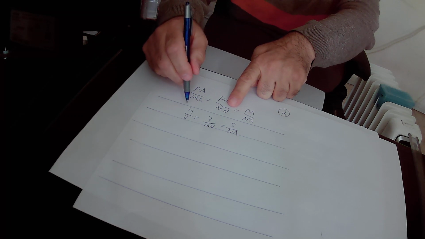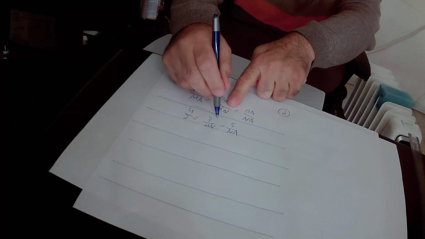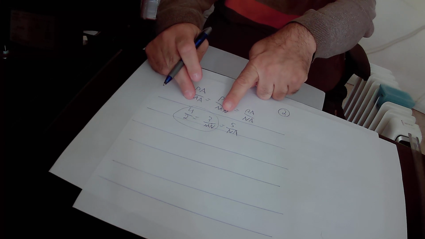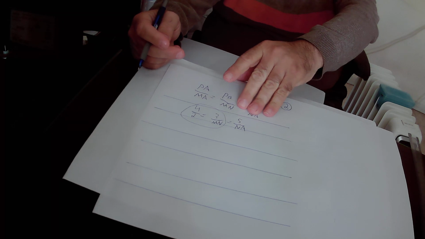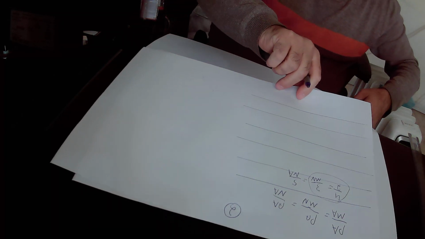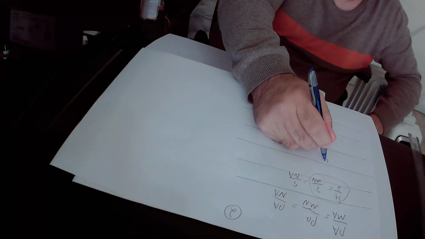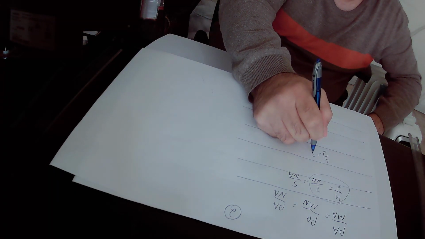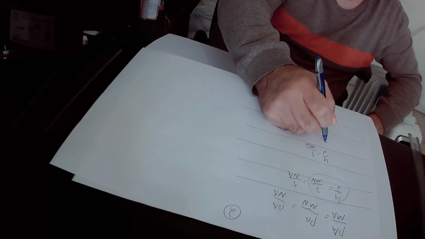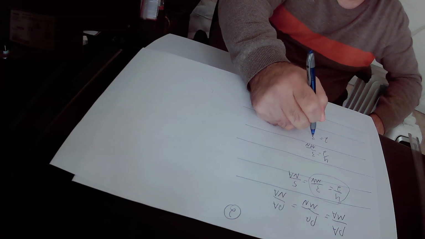That is to say, 4 over 2 equals 3 over MN. I write it down. 4 over 2 equals 3 over MN. 4 over 2 is 2, and it is equal to 3 over MN.